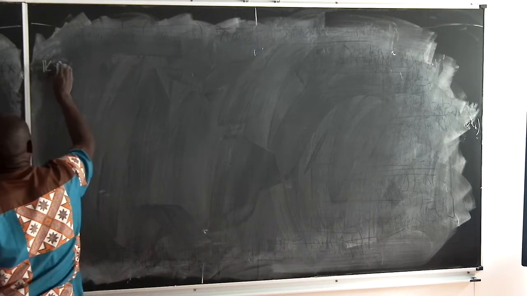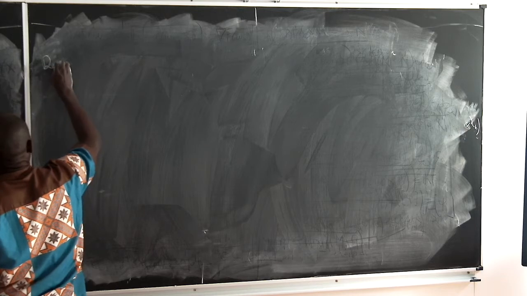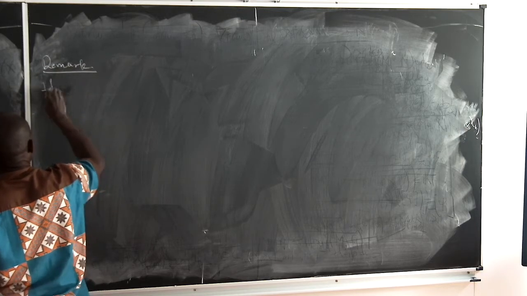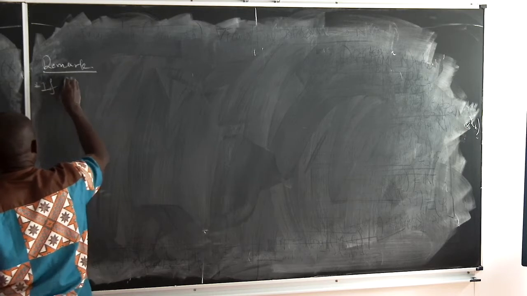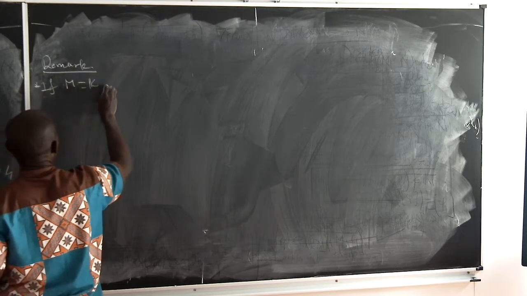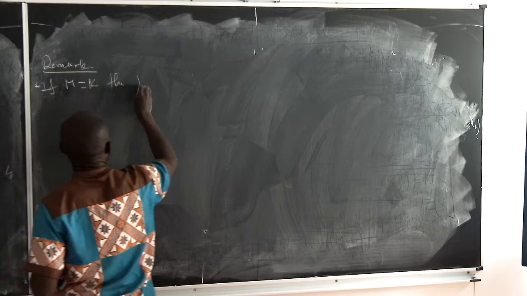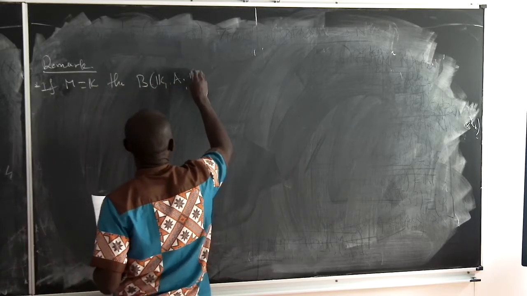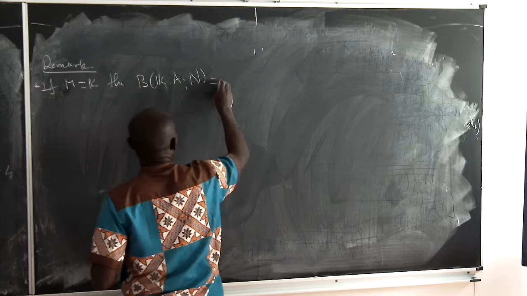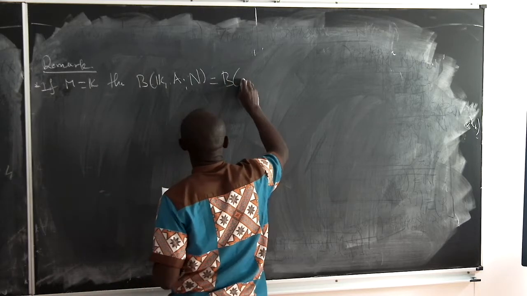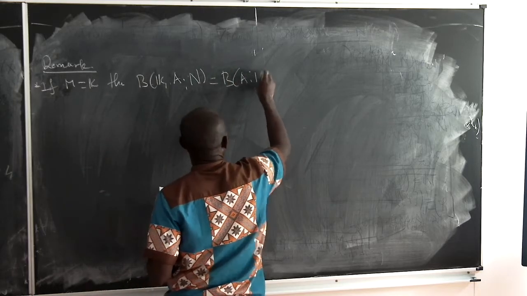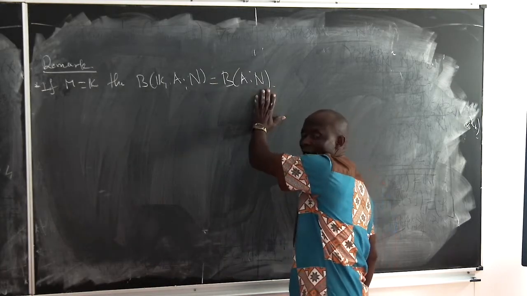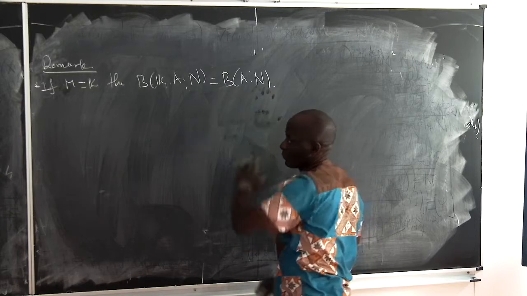Remark, if m is equal to k, then B_k(A, A, N) is exactly B(A, N), which is the bar construction with coefficients on the right side.